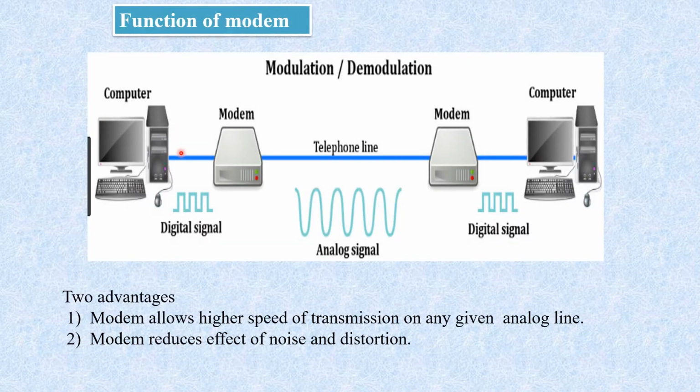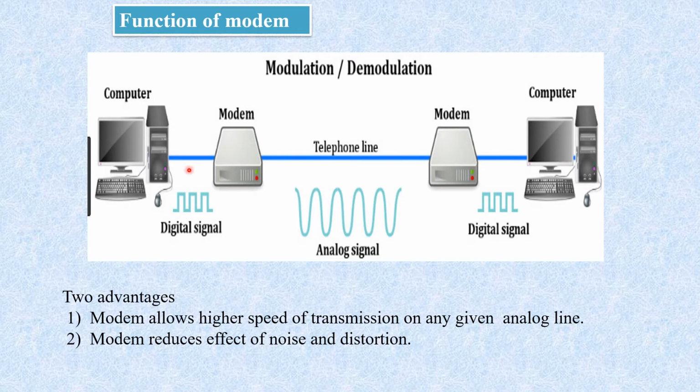Function of modem. Modems are used for data transfer from one computer network to another computer network through the telephone lines. The computer network works in a digital mode while analog technology is used for carrying the message across the phone lines. When an analog facility is used for data communication between two digital devices, they are called data terminal equipment, or in short DTE.